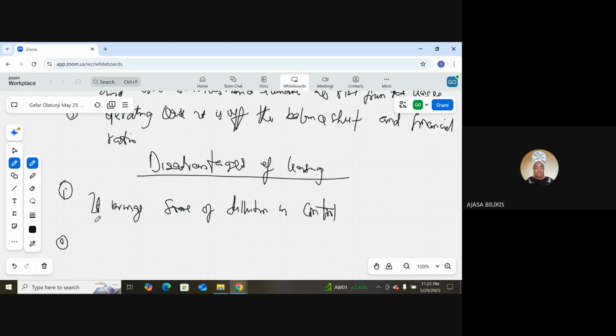Let's proceed. Another disadvantage is that the rent is payable whether profit is made or not.